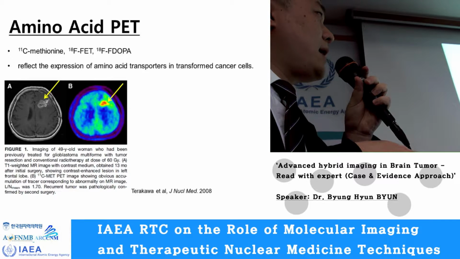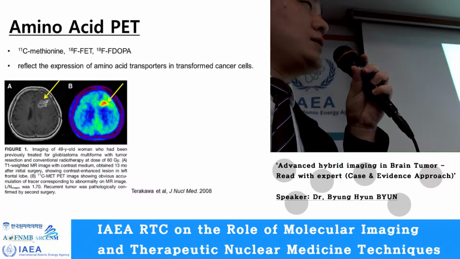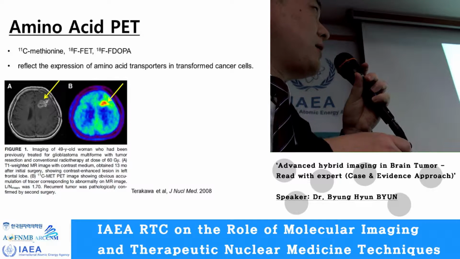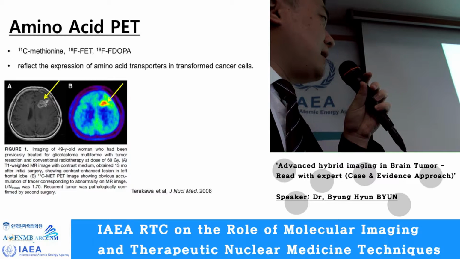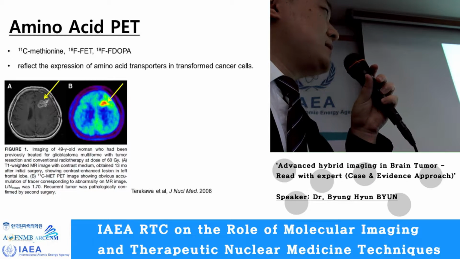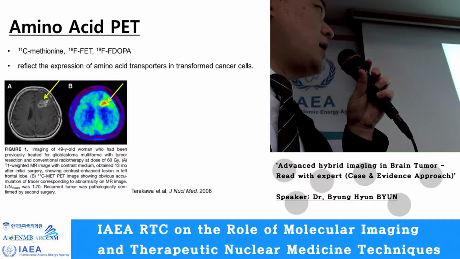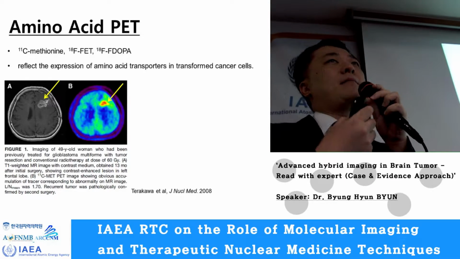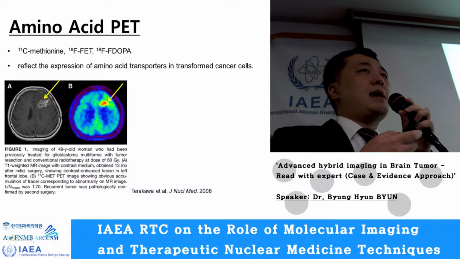So F18 FET or F18 F-dopa were used as amino acid PET agents. They reflect the expression of amino acid transporters in transformed cancer cells, and usually normal brain parenchyma shows little uptake of amino acid PET agents.